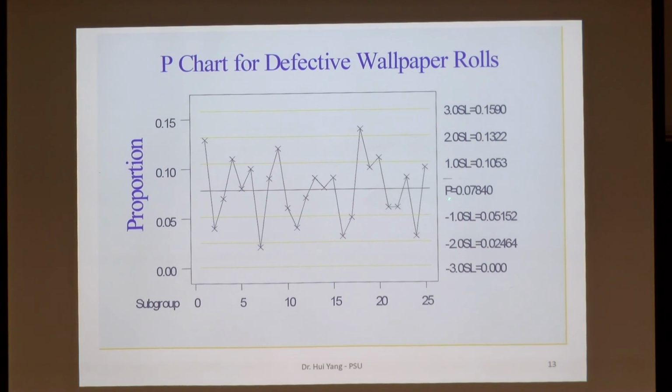Okay, center line P bar for defective wallpaper rows. Then you have plus minus 1 standard deviation lines, plus minus 2 standard deviation lines, plus minus 3 standard deviation lines. Then, as we can see, everything is approximately normal, but 2 of them are exceeding the control limit. So you may watch these 2 points to see what's going on in that day of production.